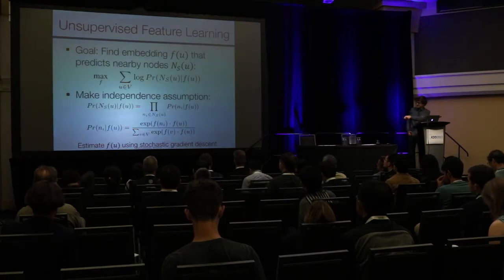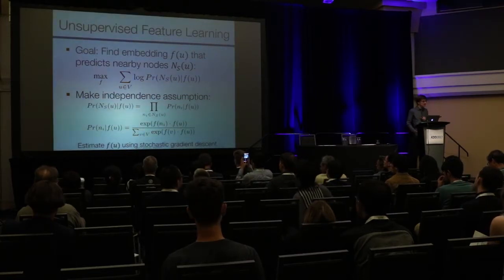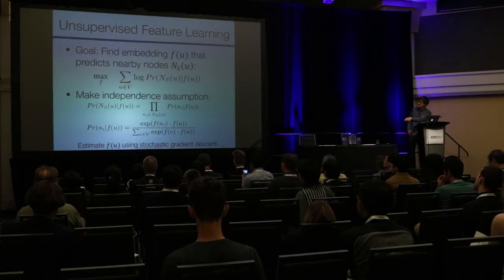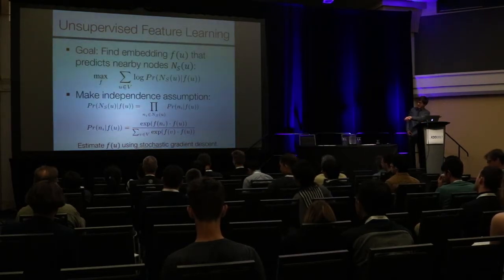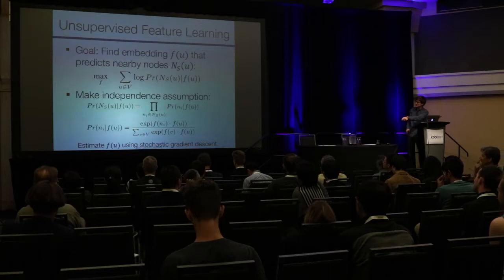That's the first thing. Now I have to say how I make this prediction. I'm using a softmax function, where the probability of node n being a neighbor of u is the dot product of their coordinates, exponentiated and then properly normalized.